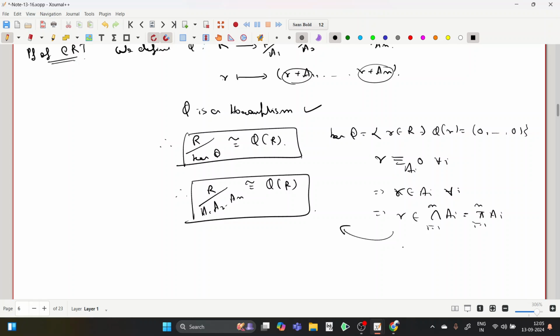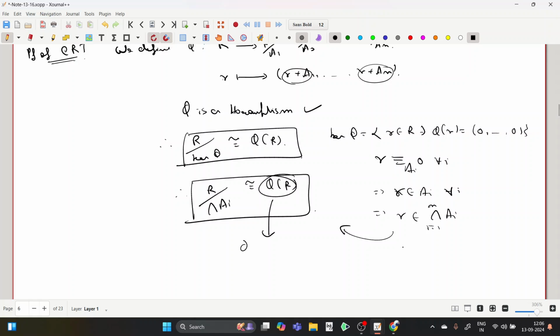Now what we are only left to show is that phi of R, or rather, let me not use this equality directly here, we will establish it shortly. For now, let me just keep it to be the intersection over all these ai's.